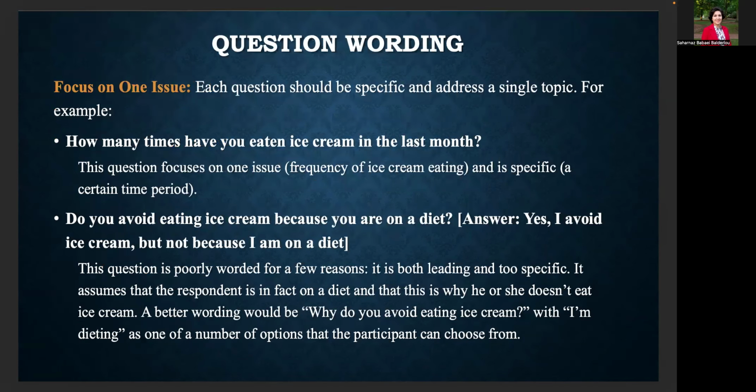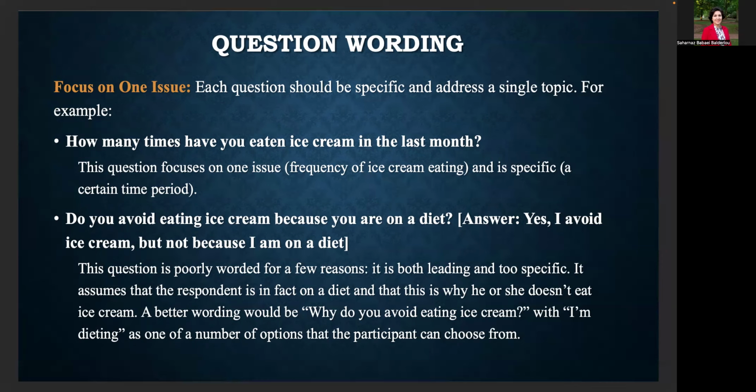It's also important to avoid bias, consider cultural differences, think about accessibility, and keep the survey short enough to maintain engagement. And when writing questions, focus on one issue per question.